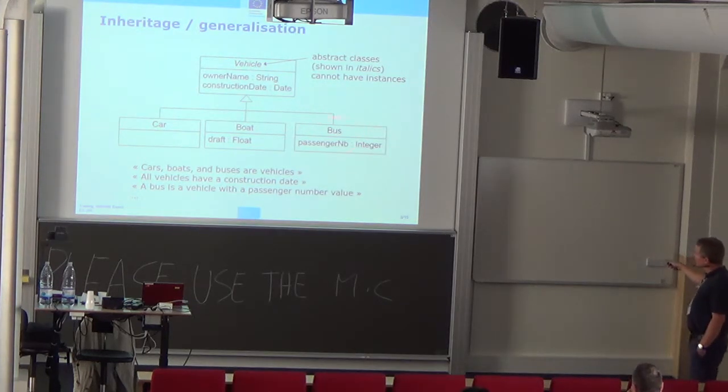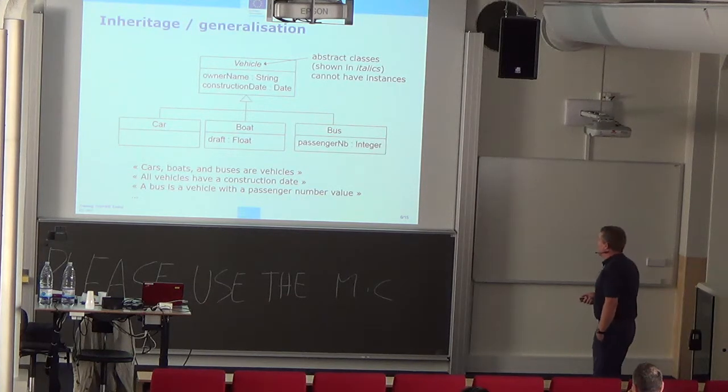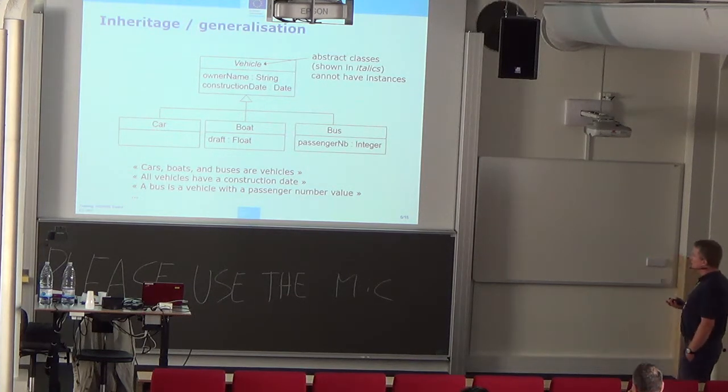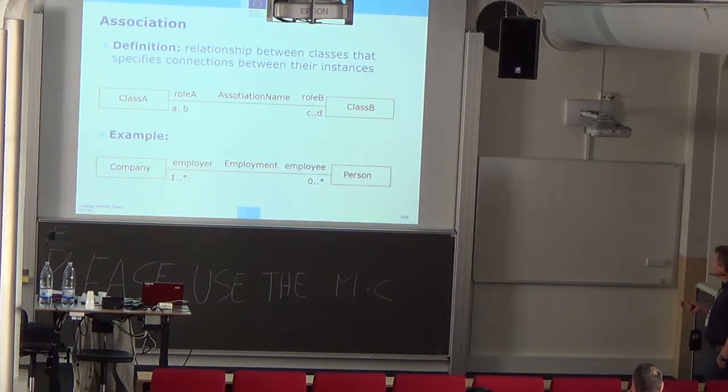And bus also has owner name and construction date, but as an additional attribute it has a passenger number as an integer. So this is very nice when you are drawing such different classes, to see immediately what the association is and how they inherit some elements from the upper or abstract class.